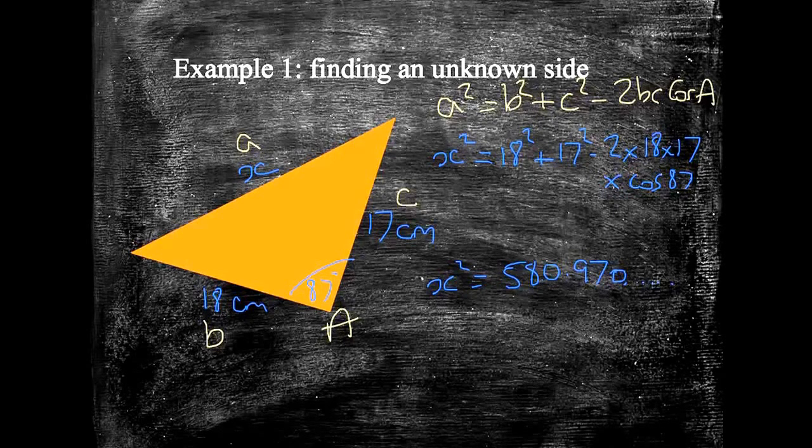At this point, I'd not be pressing my on or my clear or my delete button. I'd simply be pressing my square root button. So I'm going to square root both of these sides to give me x is going to be the square root of this answer, which means that x gives me 24.10 centimeters to 2 decimal places.